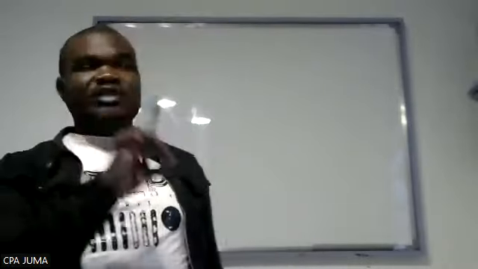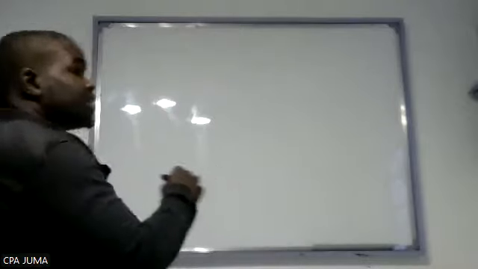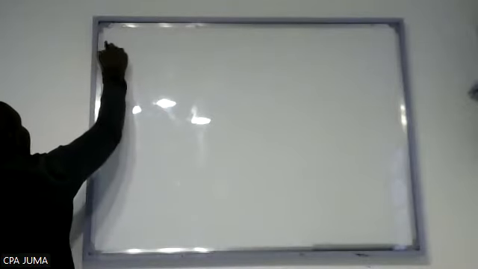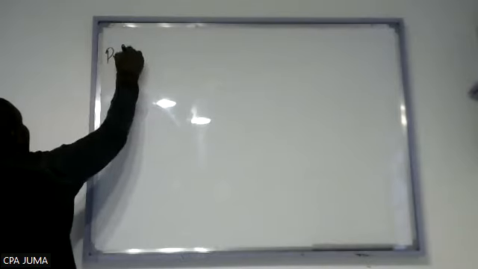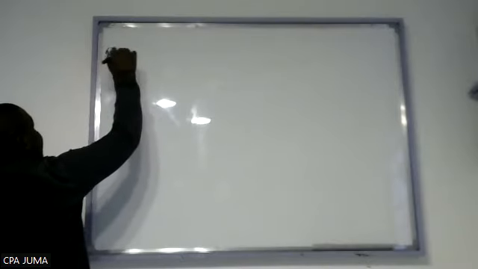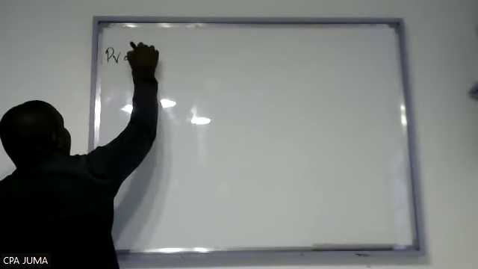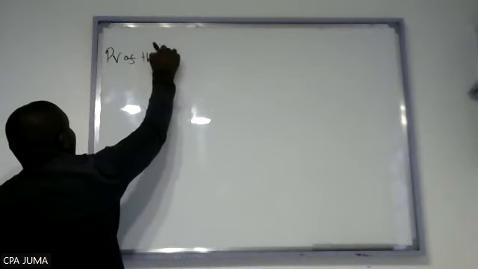So you will compare the discounted value versus the market value. Then the value of the asset is considered in the books to be whichever is lower. So let's start by discounting. Present value of the installments.